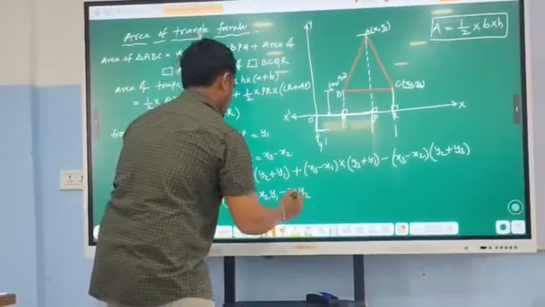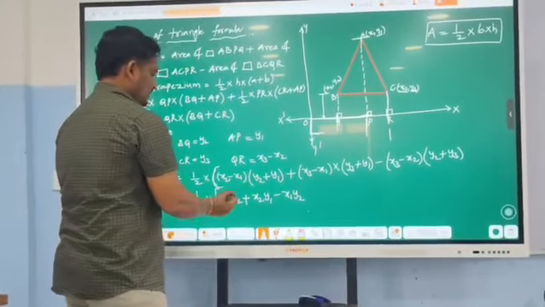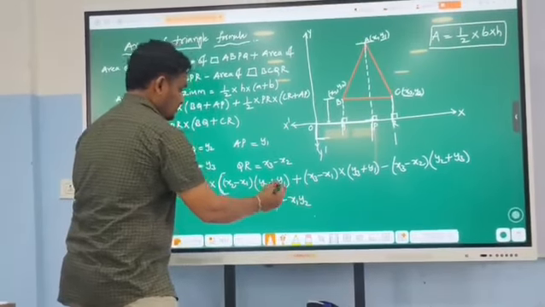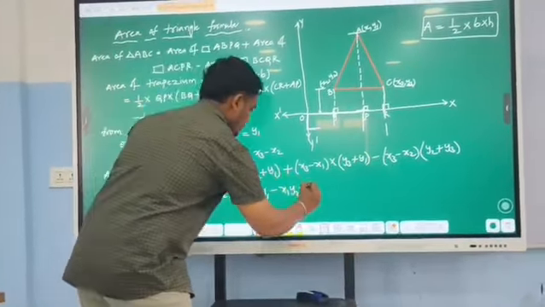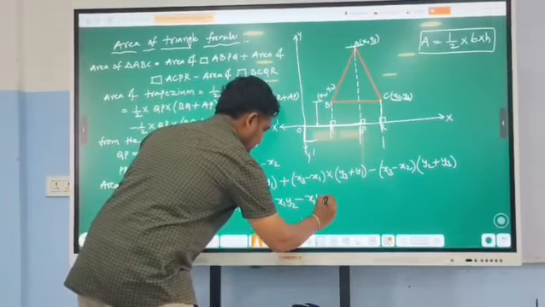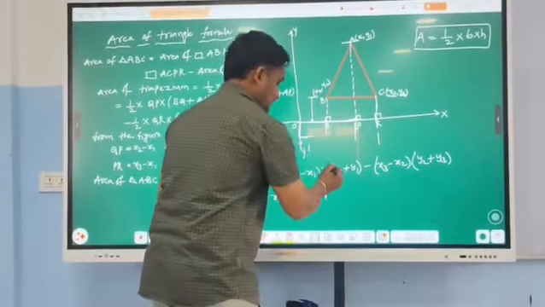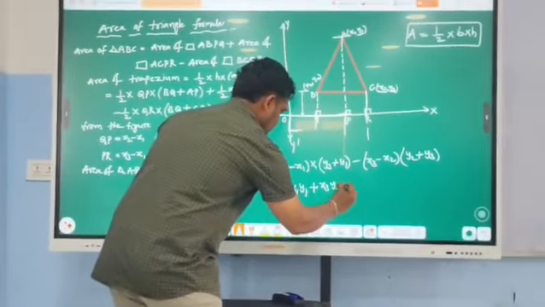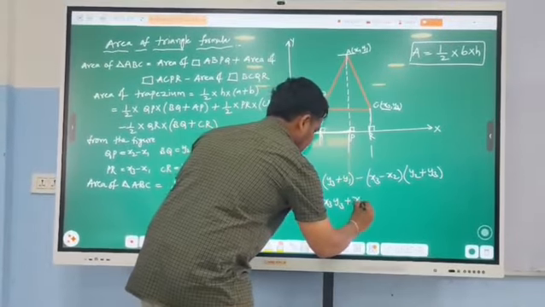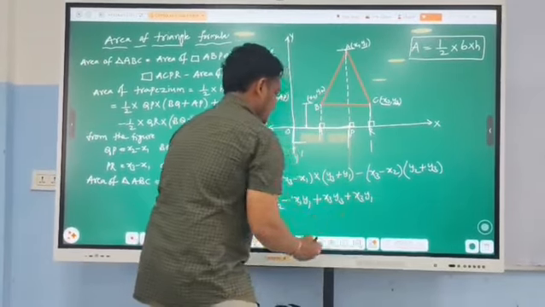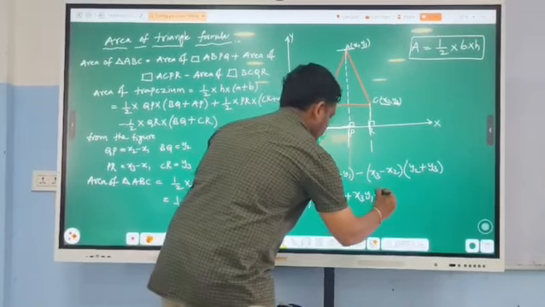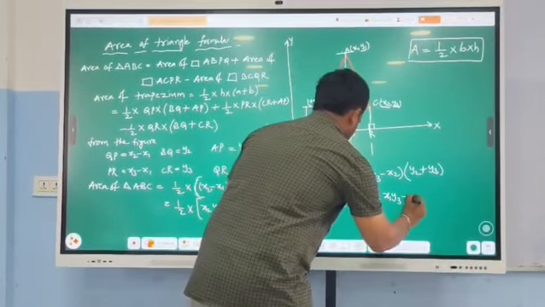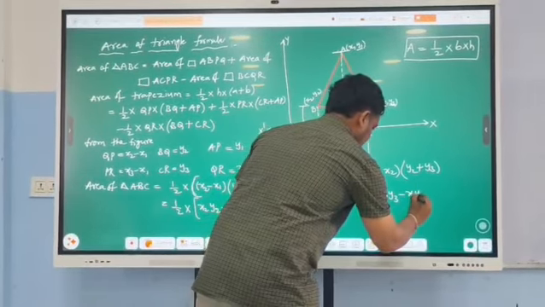The same way here, x1 into y2, x1 y2, minus x1 into y1, x1 y1. The same way here, x3 into y3, x3 y3, plus x3 into y1, x3 y1, minus x1 into y3, x1 y3, minus x1 into y1, x1 y1.